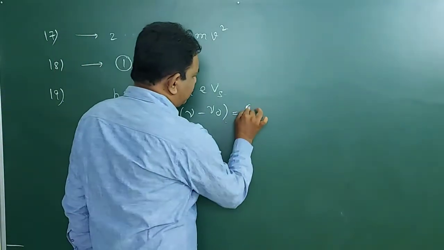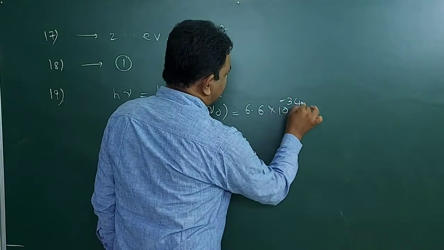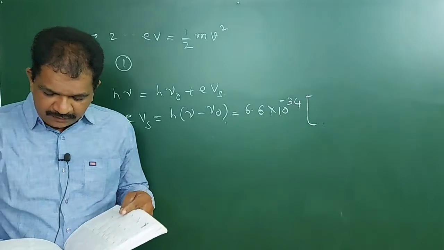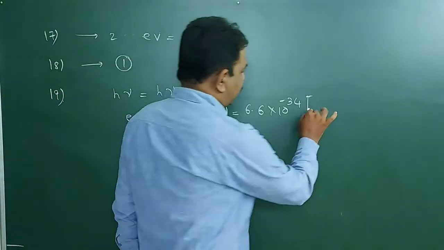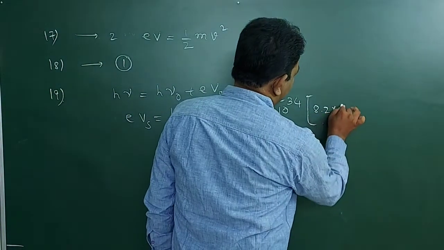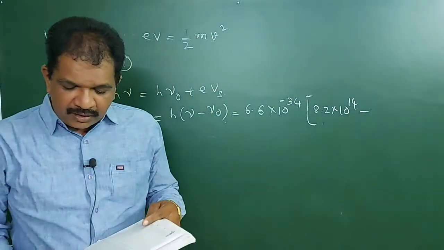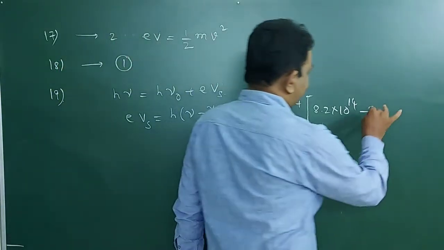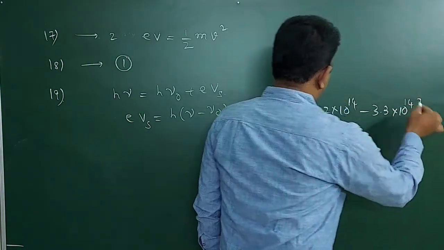This is 6.6 into 10 power minus 34, the h value. Nu value they gave as 8.2 into 10 power 14 minus nu naught value, 3.3 into 10 power 14.